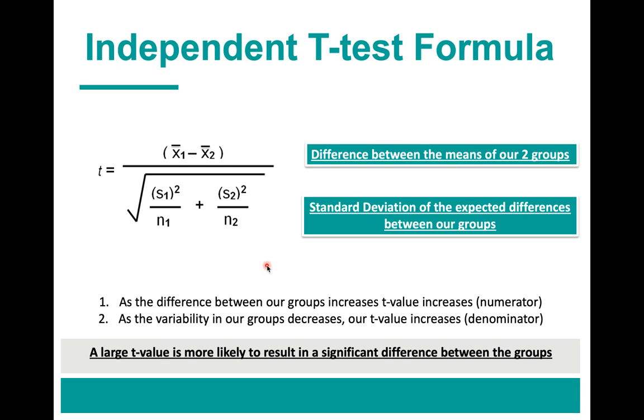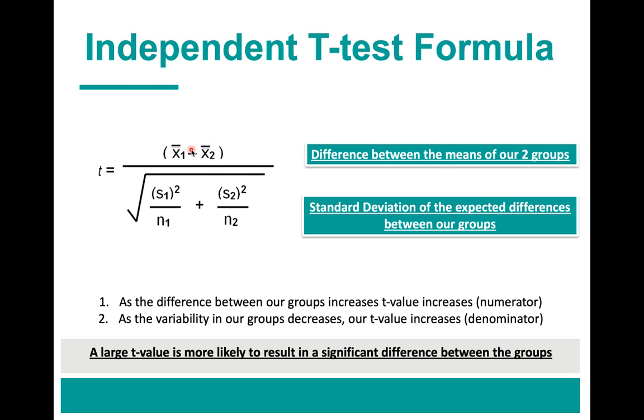And so we can estimate the amount that we would expect 9th graders and 12th graders to differ just because of random chance. That's kind of what the denominator is: the expected amount of variability.